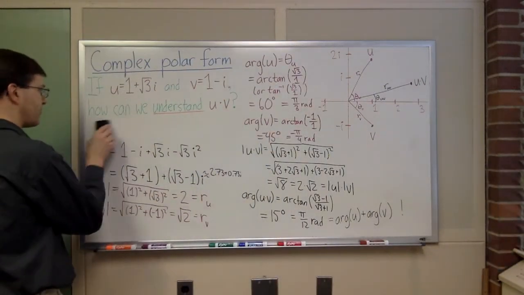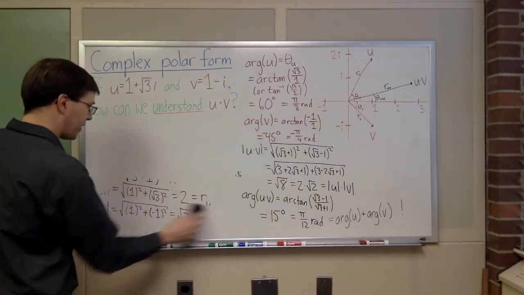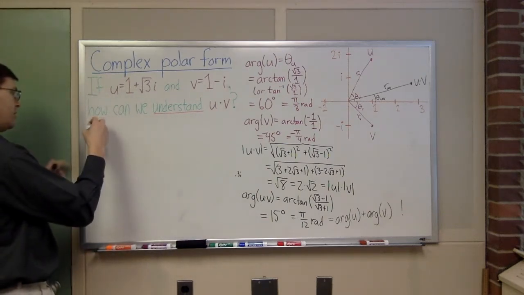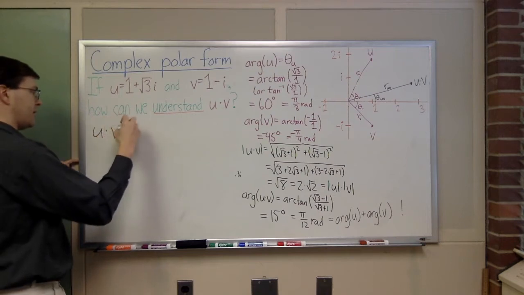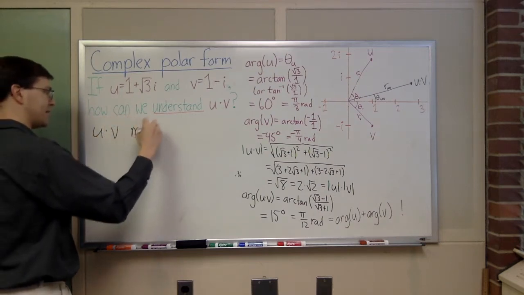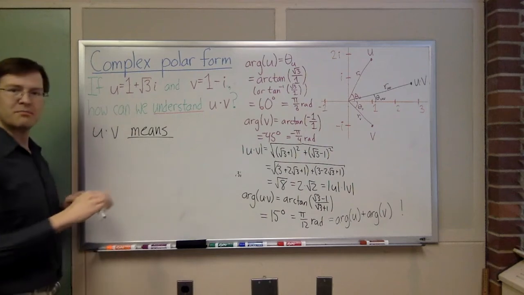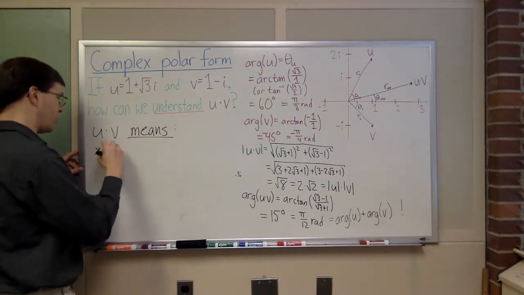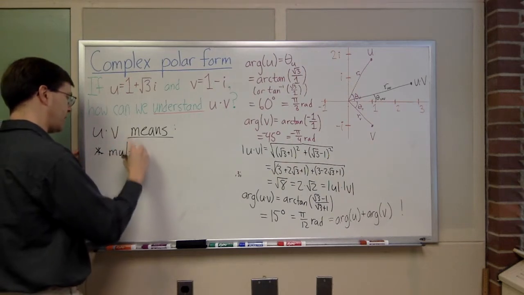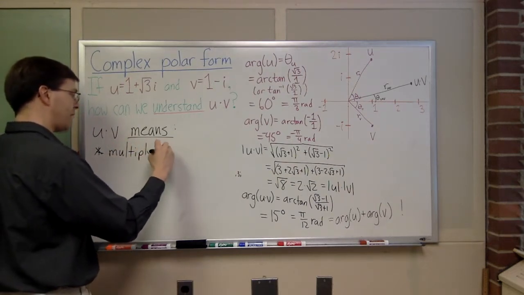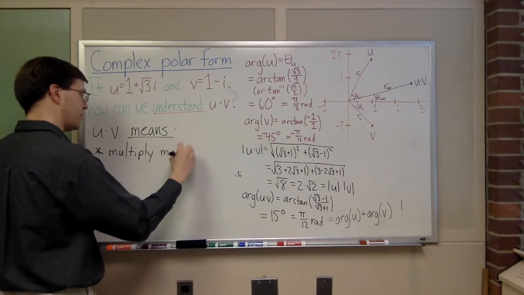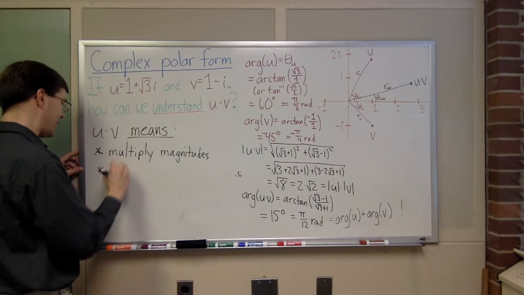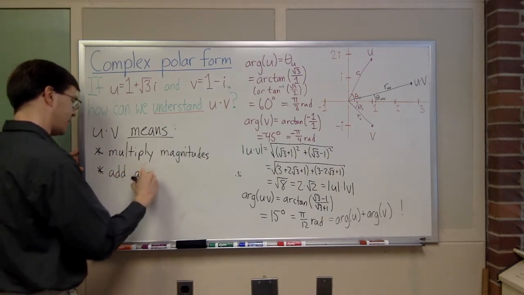Multiplying two complex numbers together, u times v, conceptually, what it means is that first we multiply their magnitudes, and then we also add their angles.